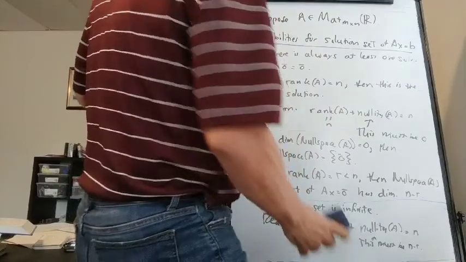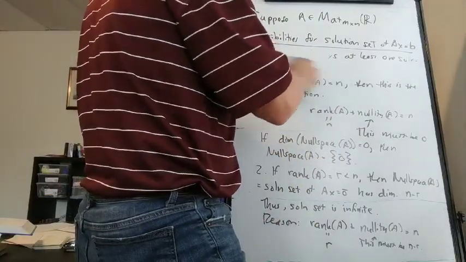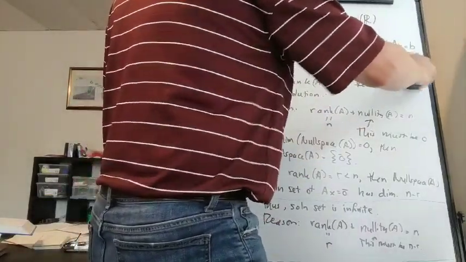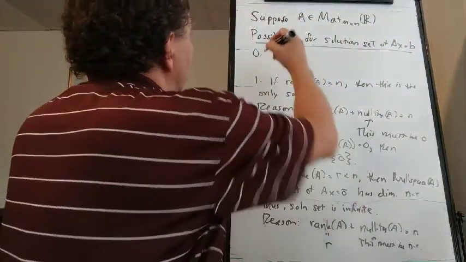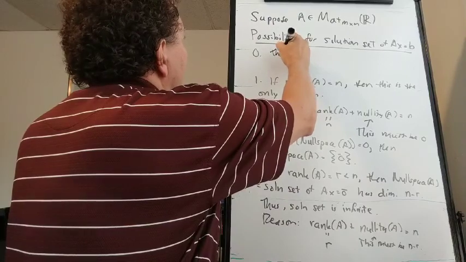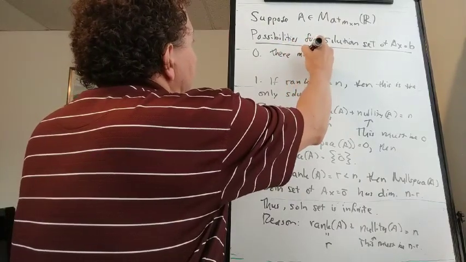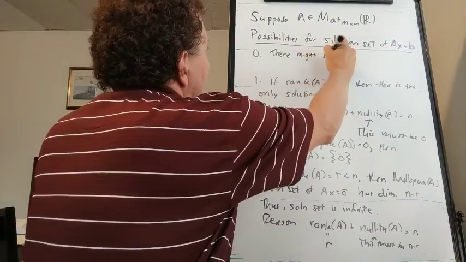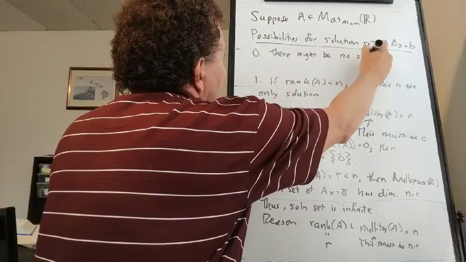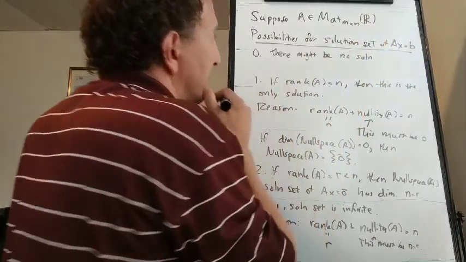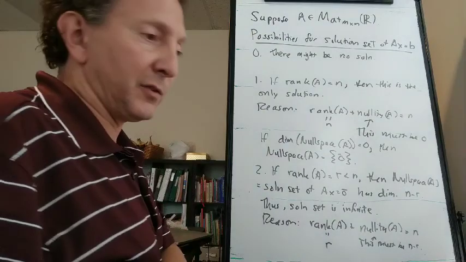No, there's not always at least one solution. It's possible that there's no solutions. There might be no solution. We would call the system inconsistent if there's no solution.